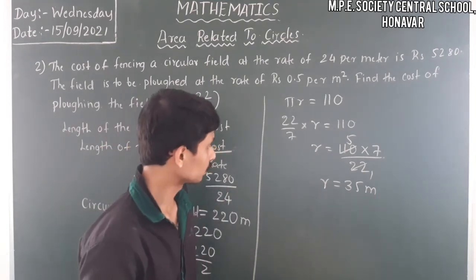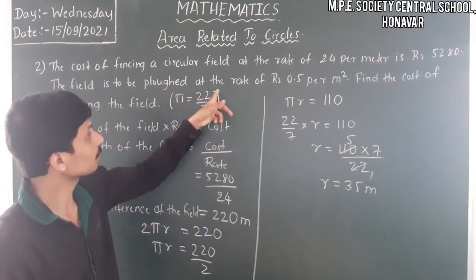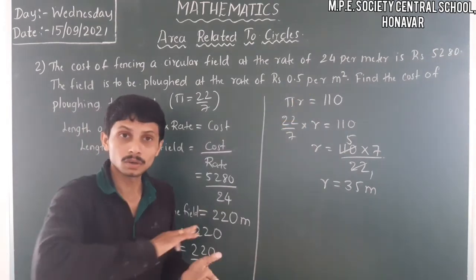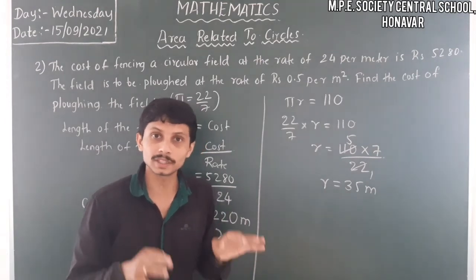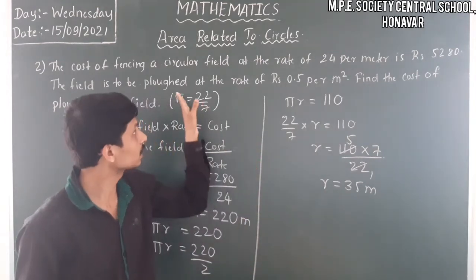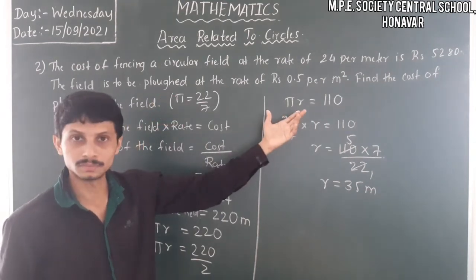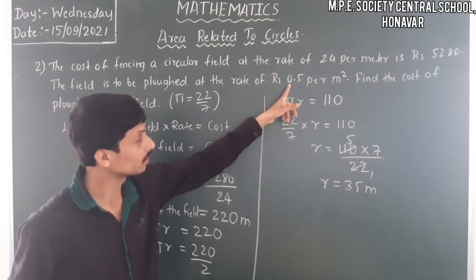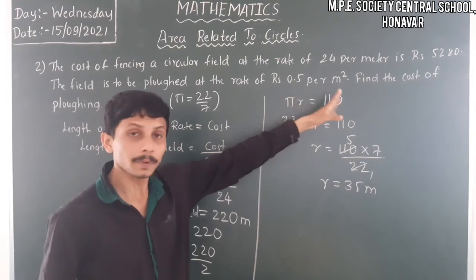We got it. Then using the radius we can find out the area. The field is to be plowed at the rate of 0.5 per meter square. That means this is the complete area of the circular field we have to plow. So firstly we have to find out the area of this field, then we have to find out the cost, because the cost is 0.5 rupees per meter square.